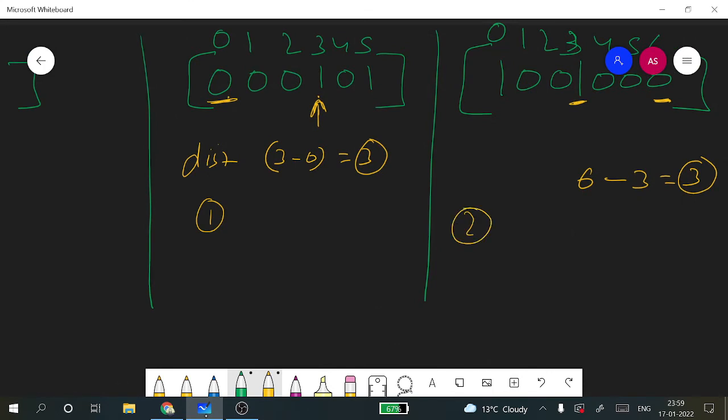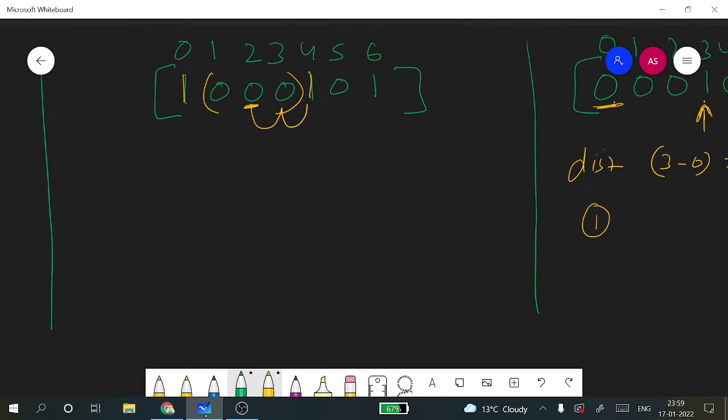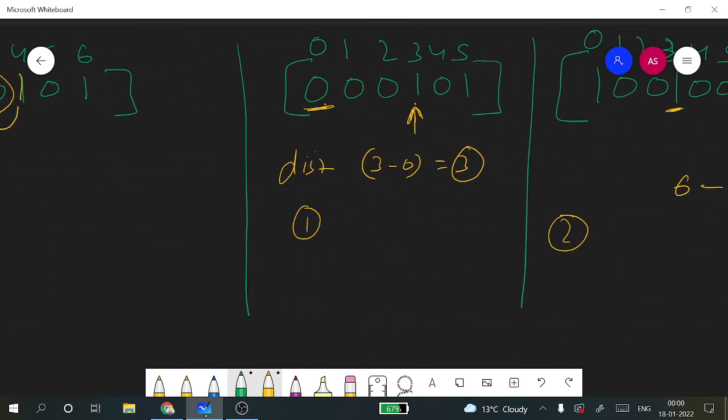So the first case is if he sits on the left part. The second case is if he sits on the rightmost part, and the third case is if he sits in the middle. For the first case, it is just finding the first one's index, the first sitting person.